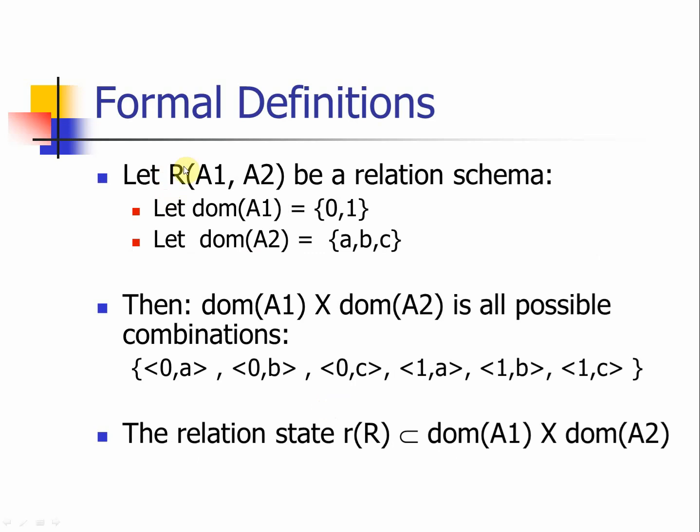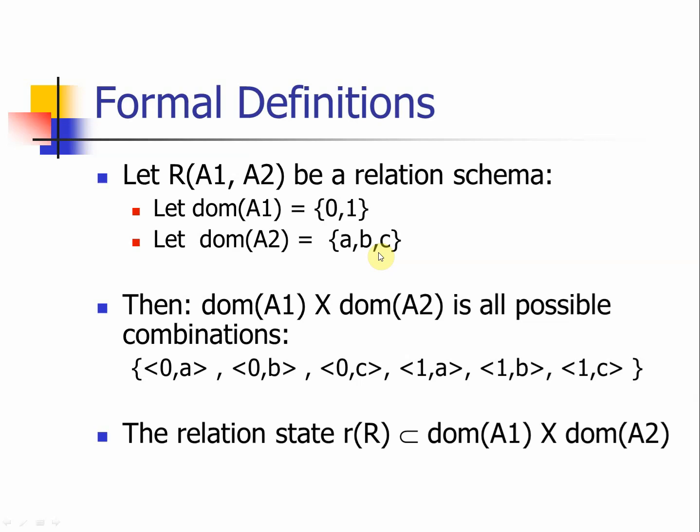Say now we create a relation R. It has 2 attributes, which are pretty straightforward. The first attribute has only 2 possible values, so domain of A1 equals 0 and 1. For the domain of A2, there are 3 possible choices over there.